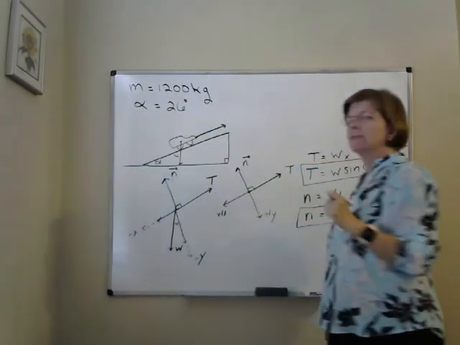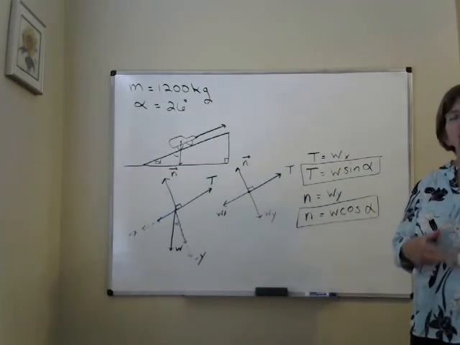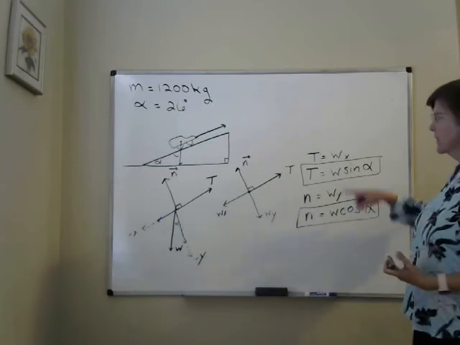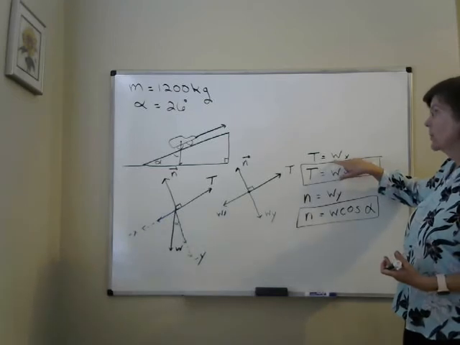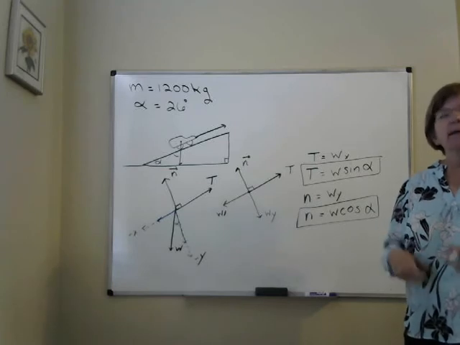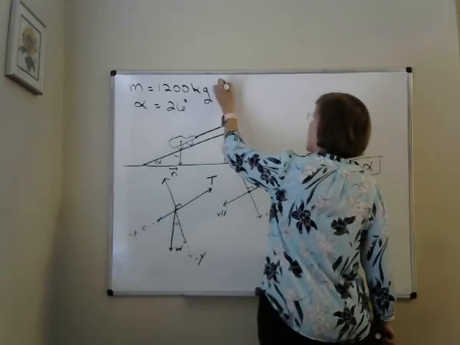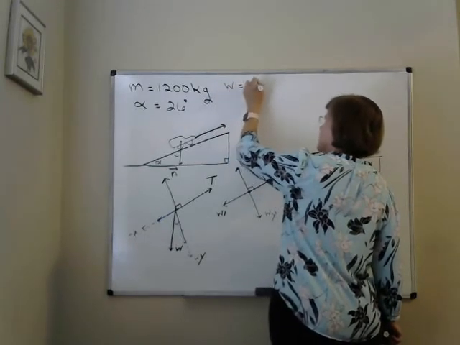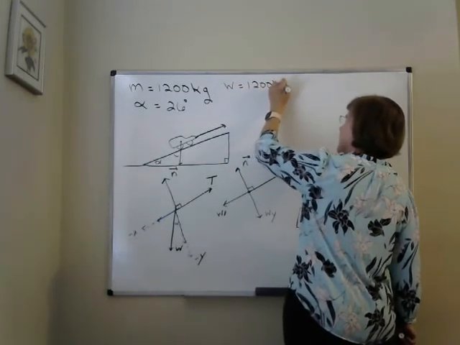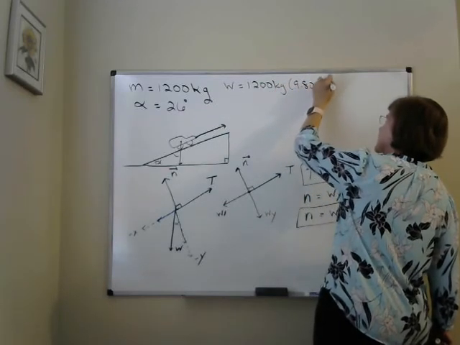Here's where we have to be so careful. We've worked so hard that students often make a mistake right here. We need W. We don't want to put 1,200 kilograms in for the weight. The weight is mg. So the weight is 1,200 kilograms times 9.80 meters per second squared.